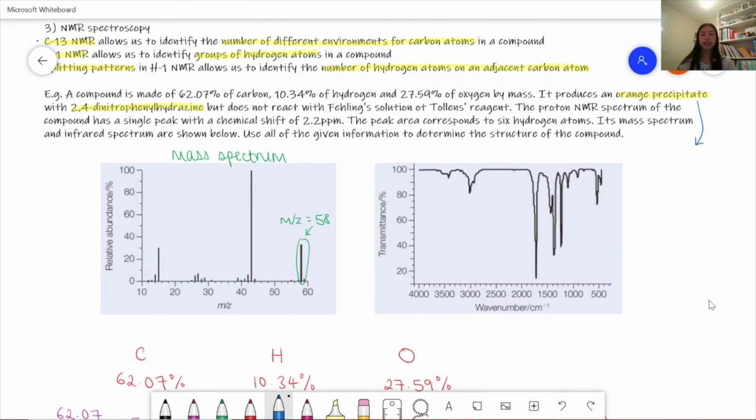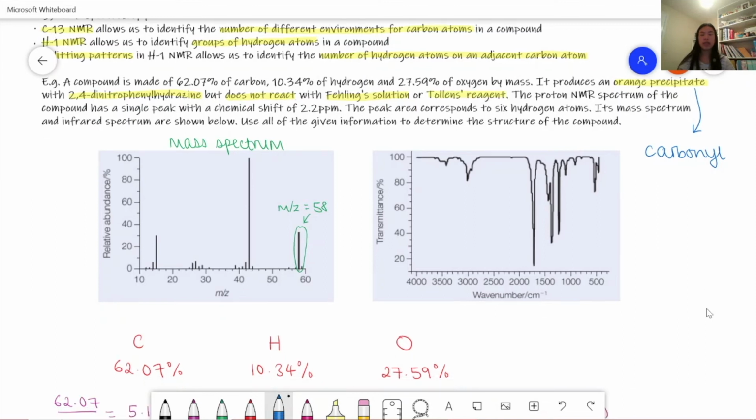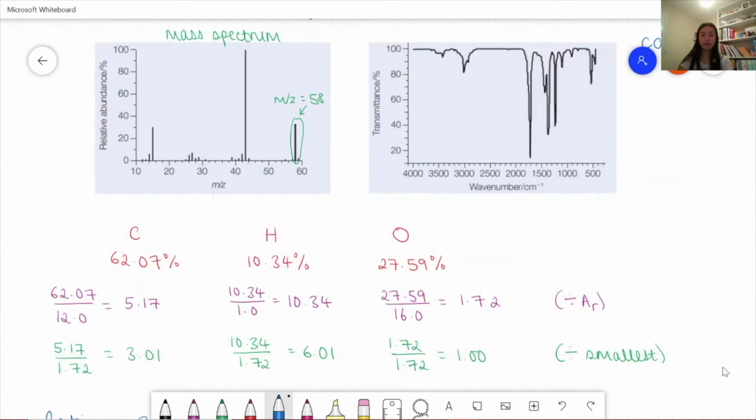So we could just annotate this question. So we have a carbonyl here. And then the next bit says that it does not react with Tollens' or Fehling's. And so we can write this down.